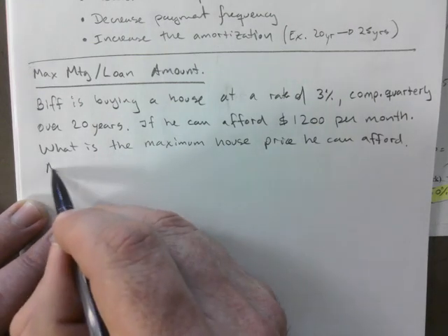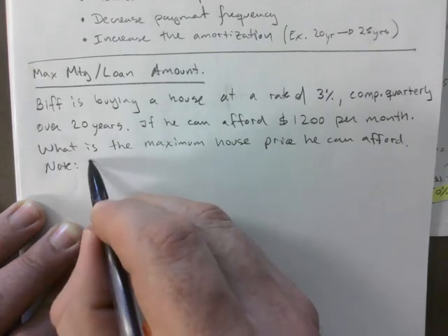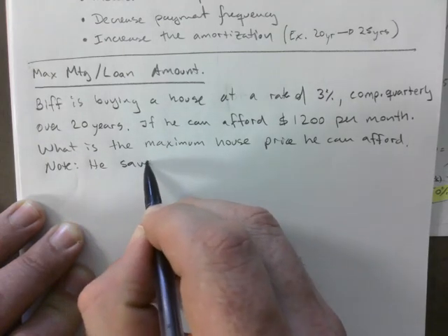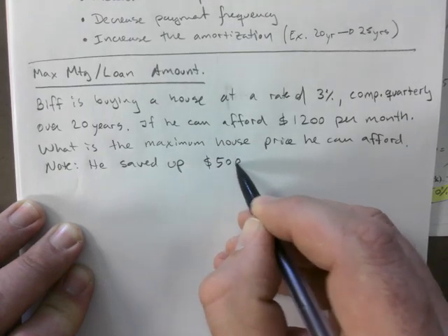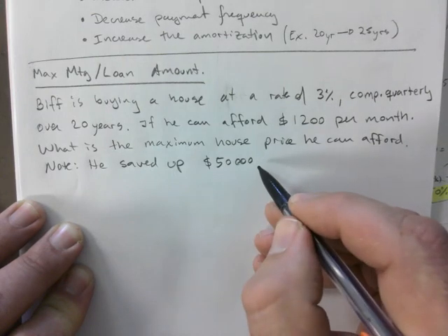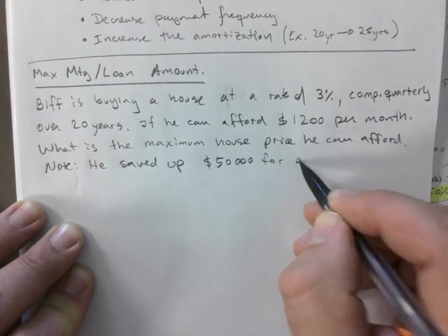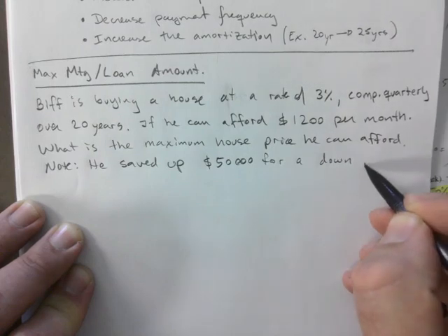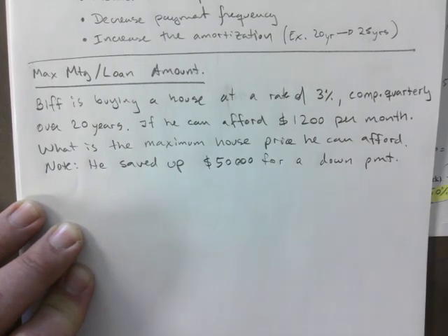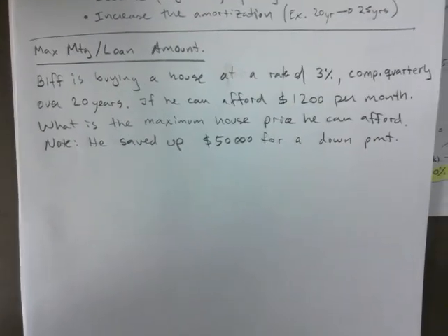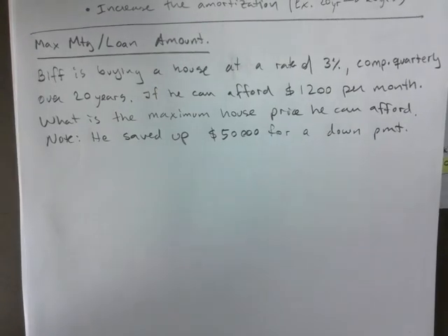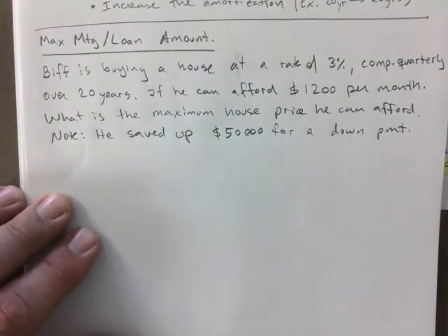I will make a note. Note, he saved up $50,000 for a down payment. How would you do that one?